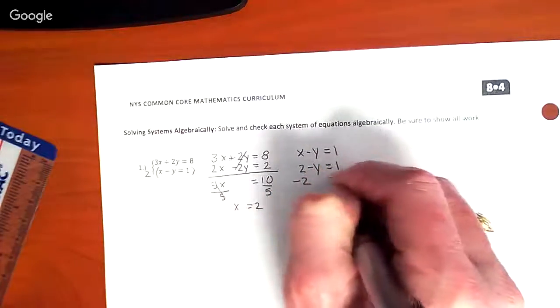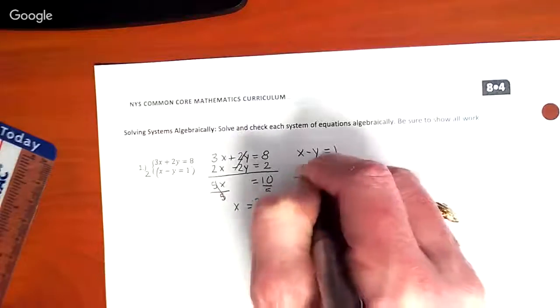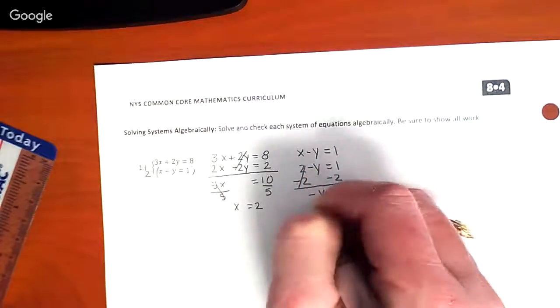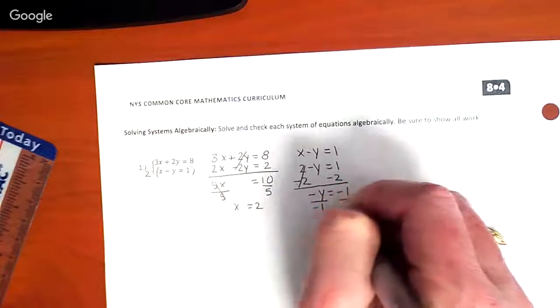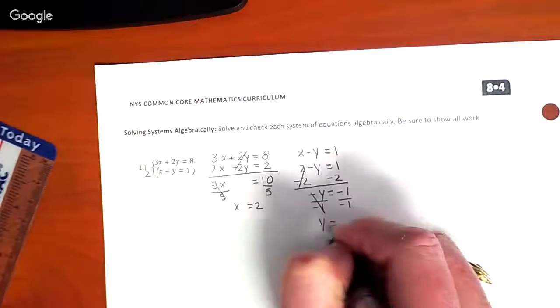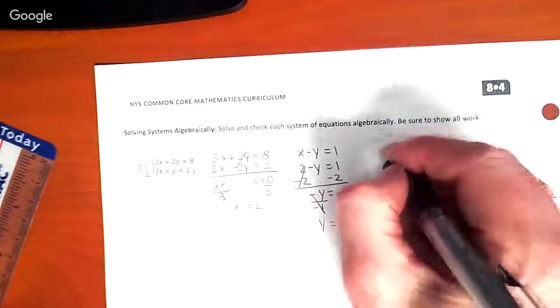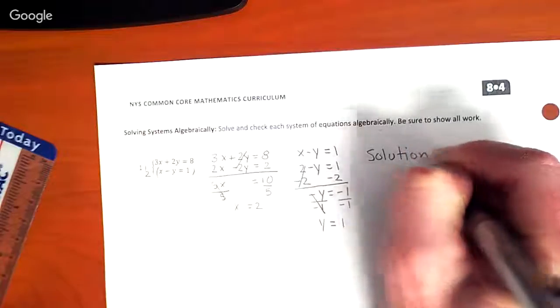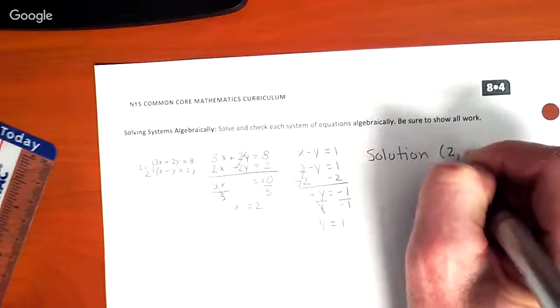Subtracting 2 from both sides, negative y equals negative 1. Divide both sides by negative 1. y equals 1. So my solution is 2, 1.